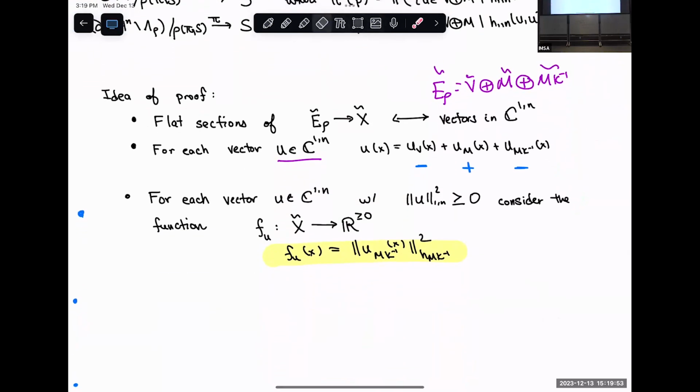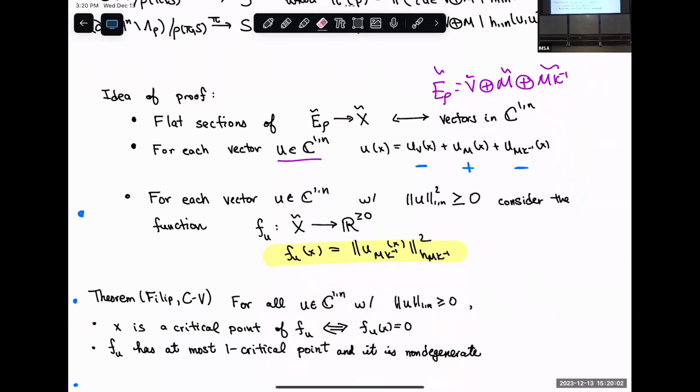Okay, so let me tell you some facts about this function. There's a different function on the universal cover for every non-negative vector. And here's a theorem. Again, we translated it into this SU1n setting, but the main ideas come from this work of Filip.